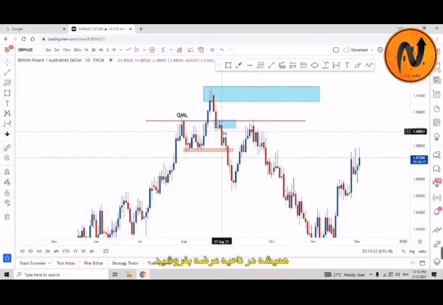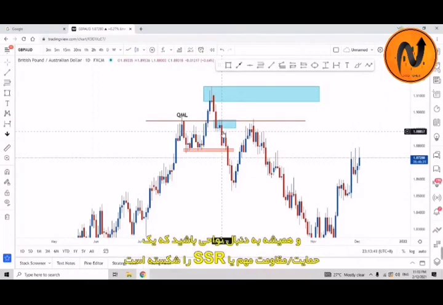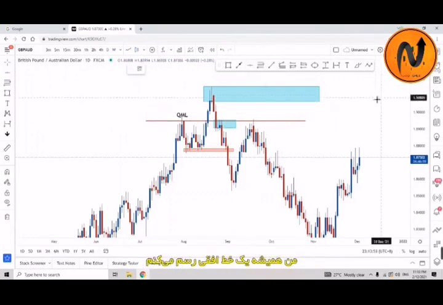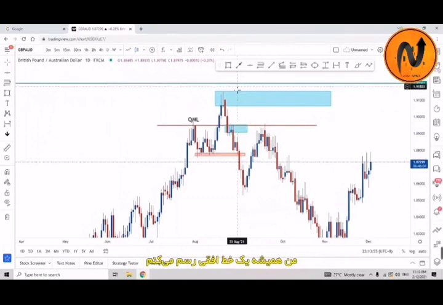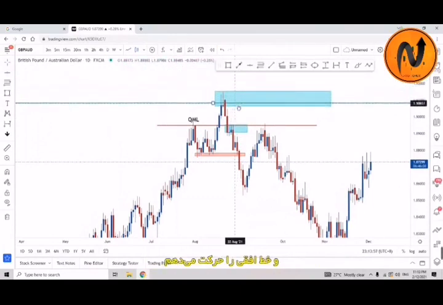I mentioned one thing: always sell at the supply zone and always buy at the demand zone. And of course, I explained that you should always look out for the supply and demand zone that breaks the SSR, significant support resistance. So how I usually trade is that I place a horizontal line and drag it.